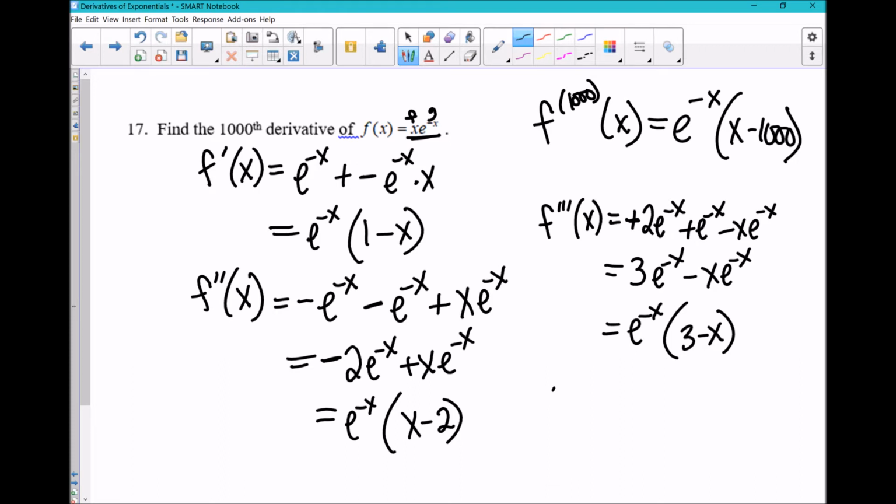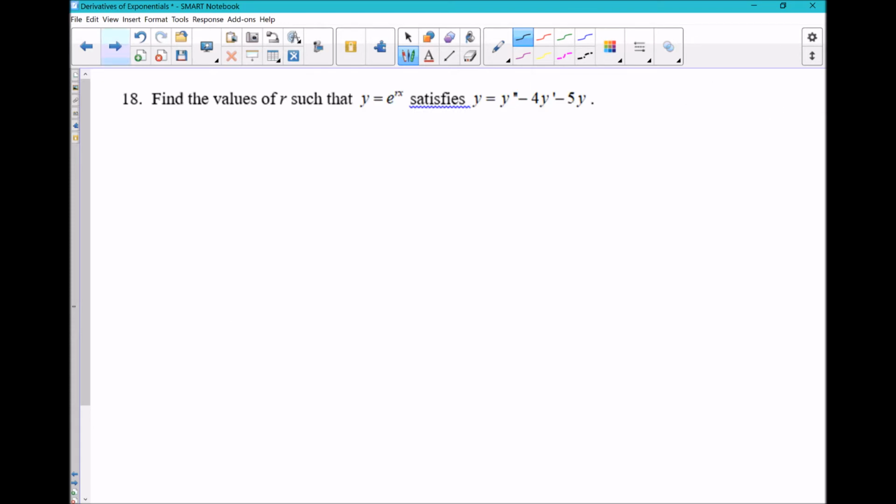If we think of an odd derivative, we would end up with n minus x. An even derivative would end up with n plus x, or x minus n, excuse me. And so since f to the 1,000 is even, it's going to be x minus 1,000, times e to the negative x.